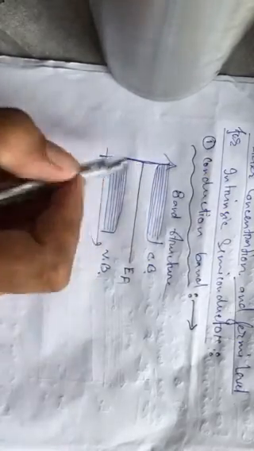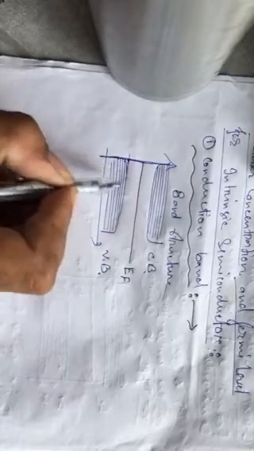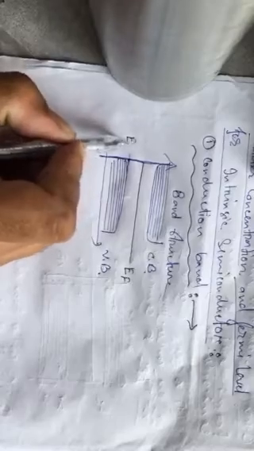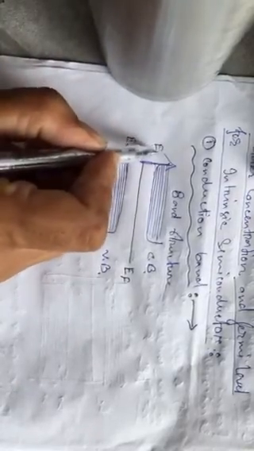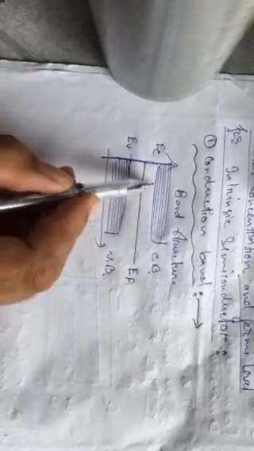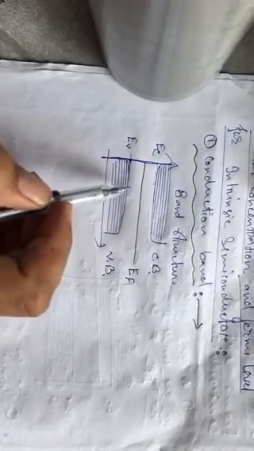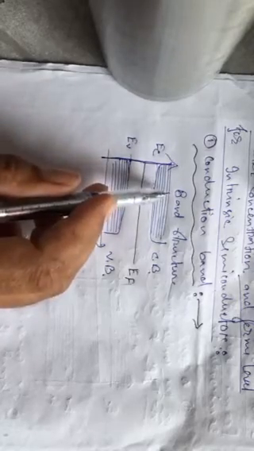Okay. Now another concept is, you see this is the edge of the valence band, so we name it EV. This is the edge of the conduction band, it is EC. So the electrons that have jumped to the conduction band cannot have energy below EC. So all of these electrons will definitely have energy above EC. Okay.